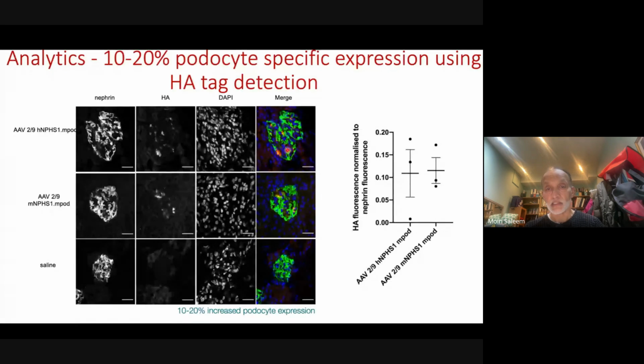And so you can see them scattered around the red. When they're co-localized, it looks yellow. So we quantified this as roughly 10 to 20% of podocytes were expressing our gene of interest. And even with that 10 to 20%, you were getting pretty good rescue of function and lifespan, which was very encouraging.